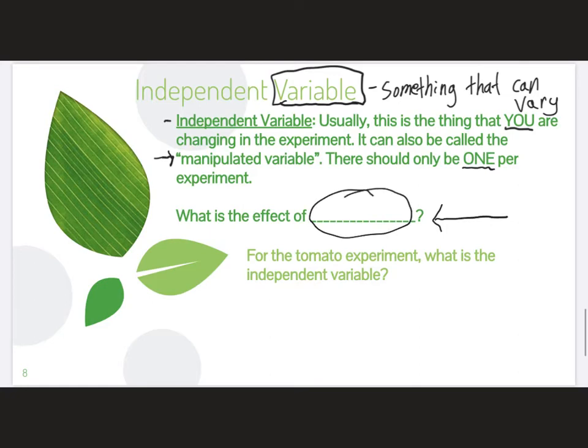So now take a minute and think about the tomato experiment. What would the independent variable be in that experiment? So the independent variable in this experiment, the thing that I'm manipulating and changing, is going to be the fertilizer.